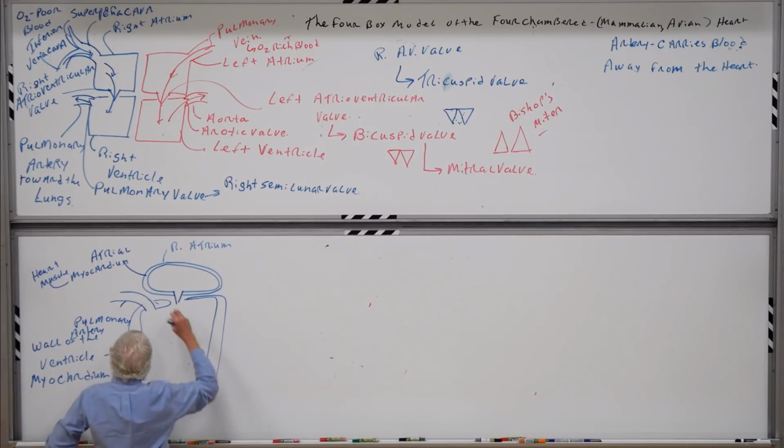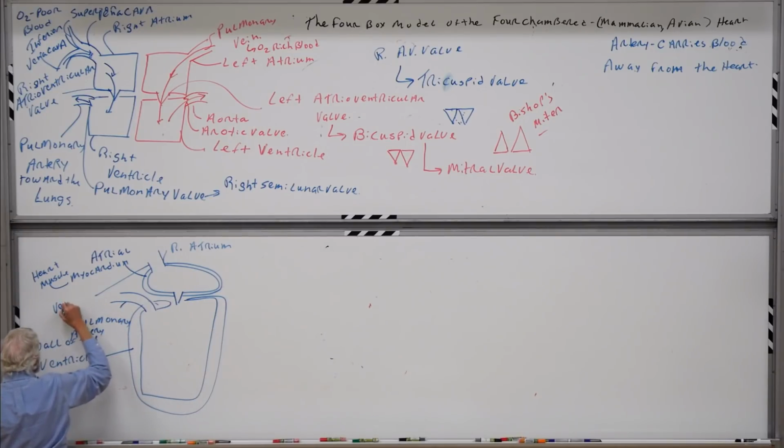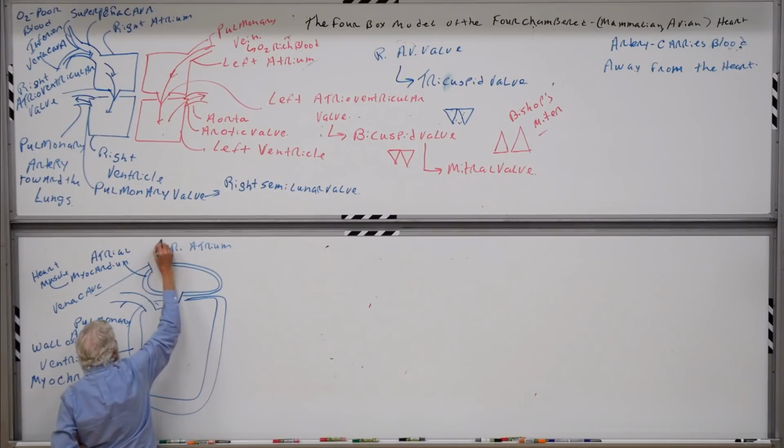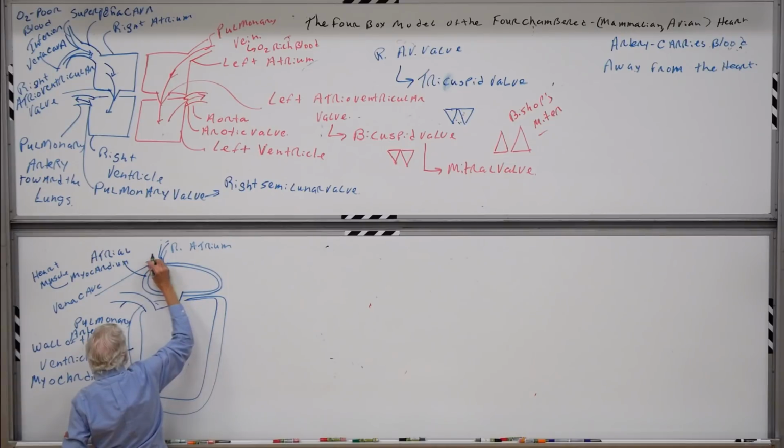To make this consistent with the story above, there will be an inlet here, which is the vena cava. The vena cava is formed from the superior and inferior vena cava.